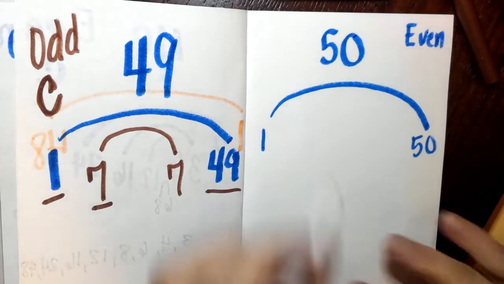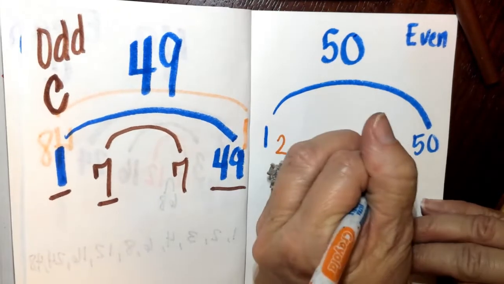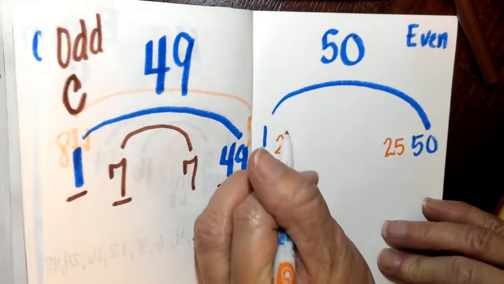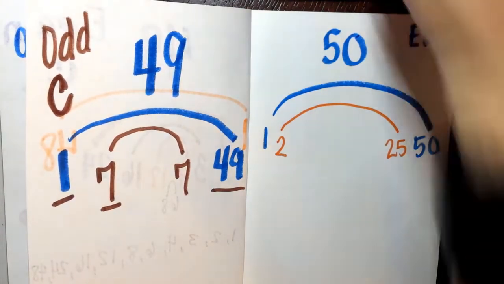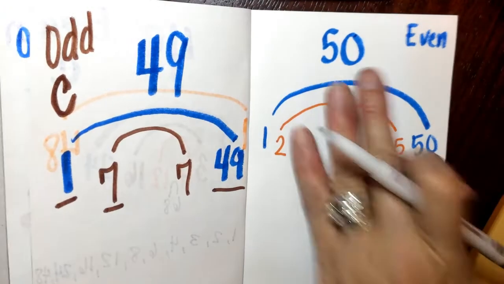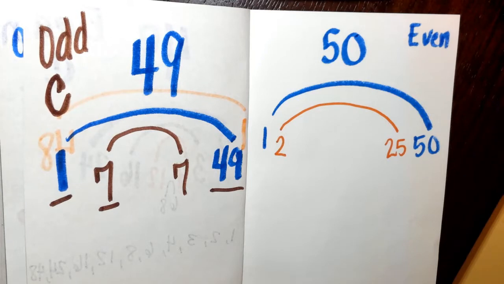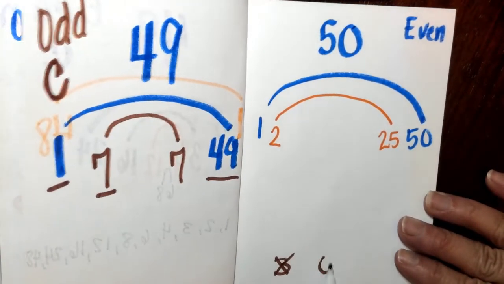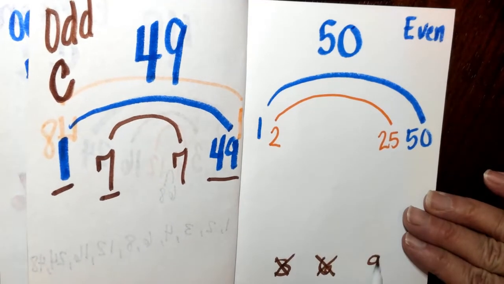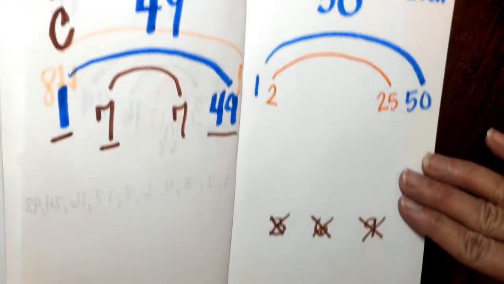I can think of 2 groups of 25 that will give me 50. It isn't a multiple of 3 because 5 plus 0 is 5, and that's not a multiple of 3. So if we know 3 doesn't work, we know 6 does not work, and we also know the number 9 is not going to work.